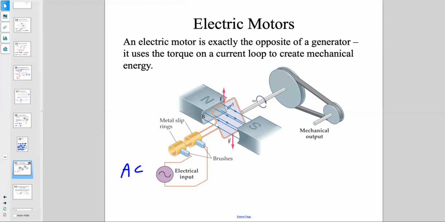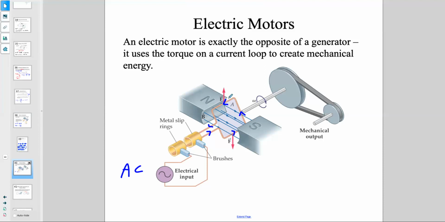You have a current going in this direction, which means you have four fingers in the direction of the current. B is coming out of your palm, and your thumb should show the direction of the force, which is upward.